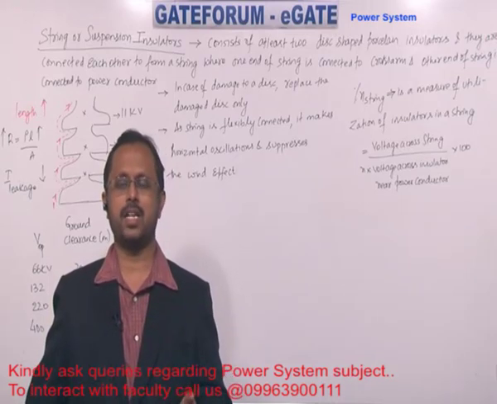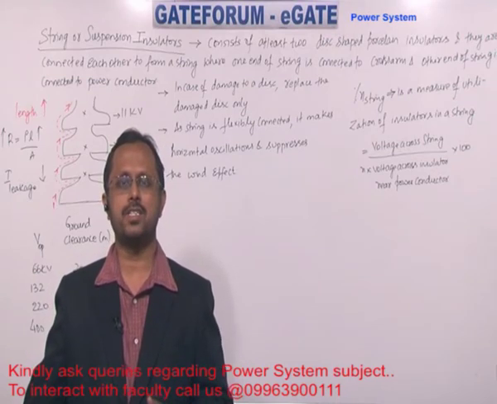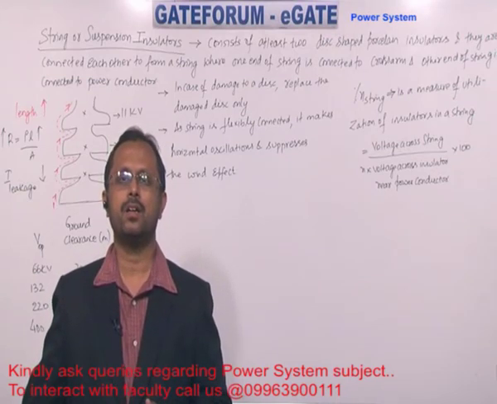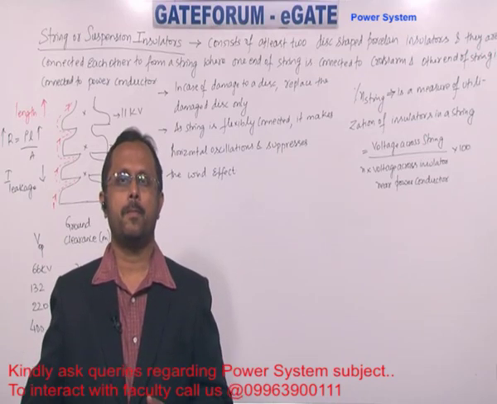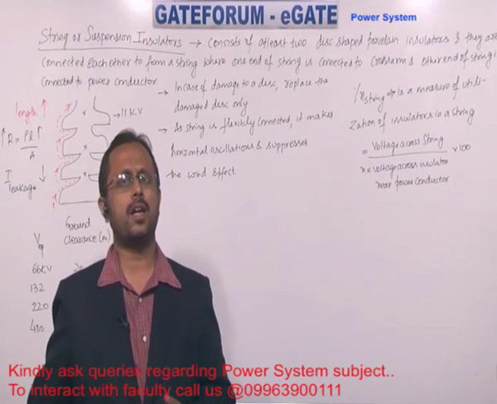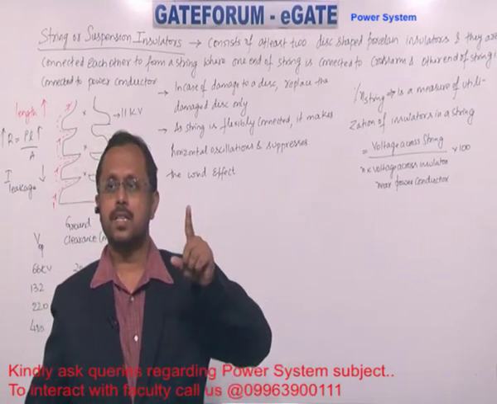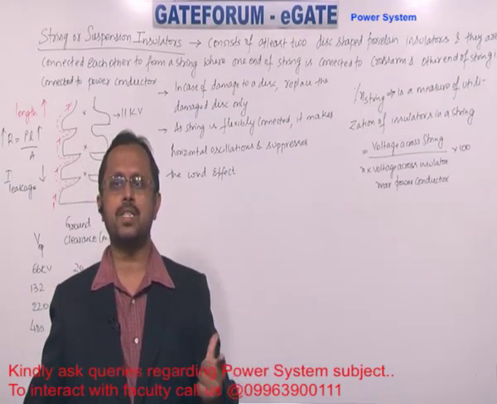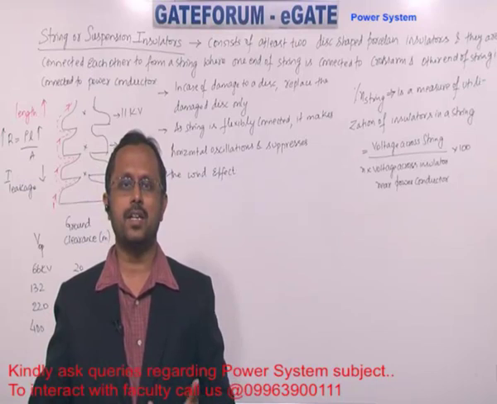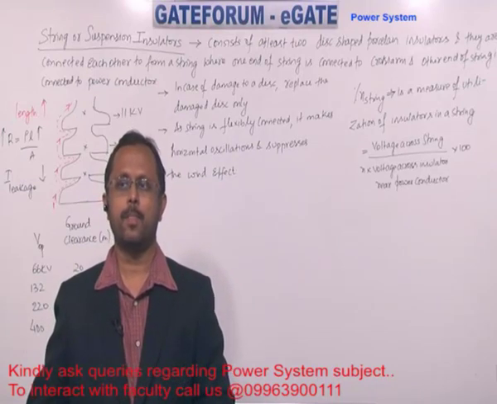We are not using two-phase. And is there any specific reason to use insulators of chocolate color? Yes, the composition of 20% silica, 30% feldspar, 50% clay will give you that chocolate color.